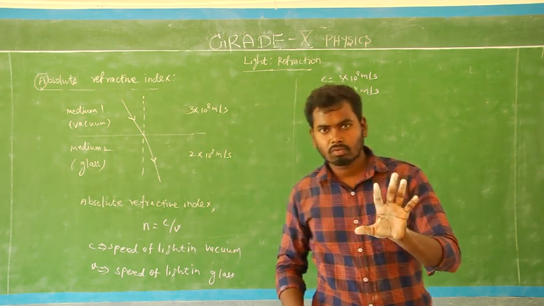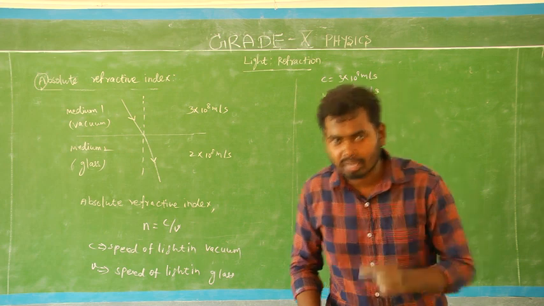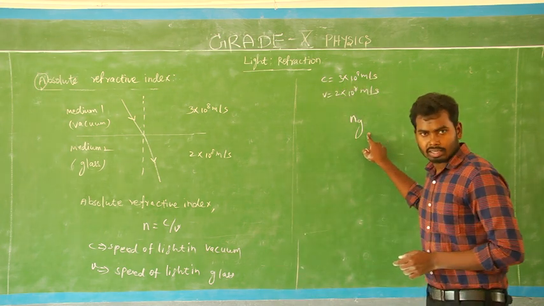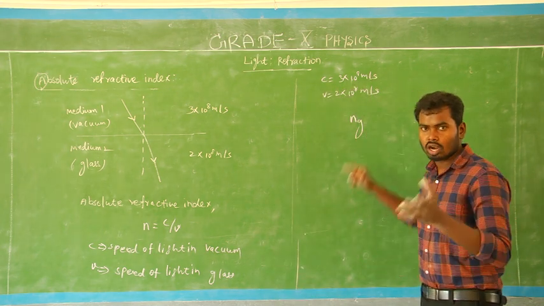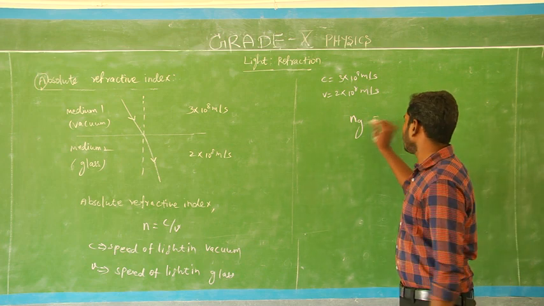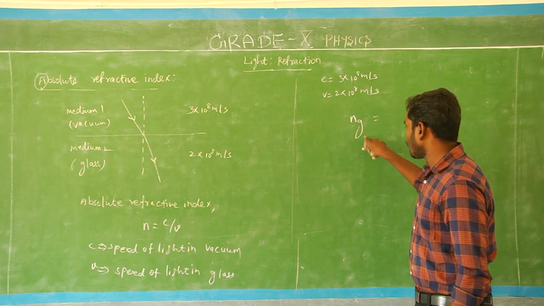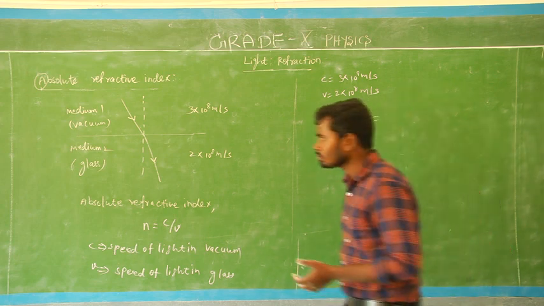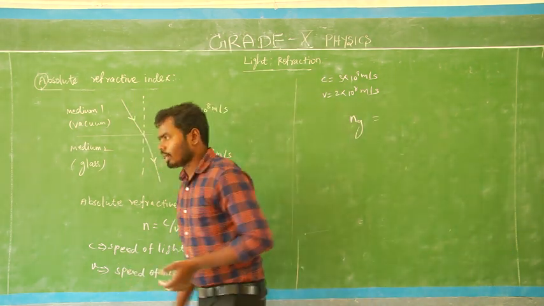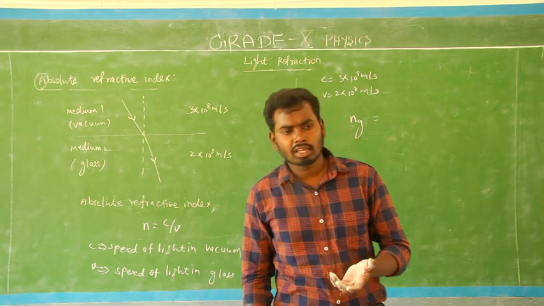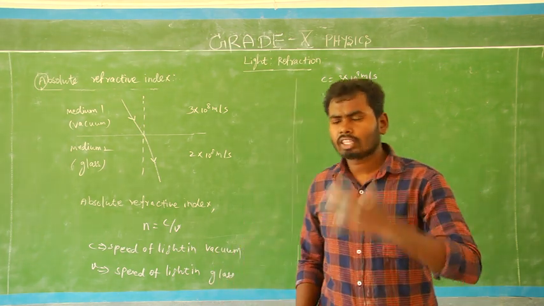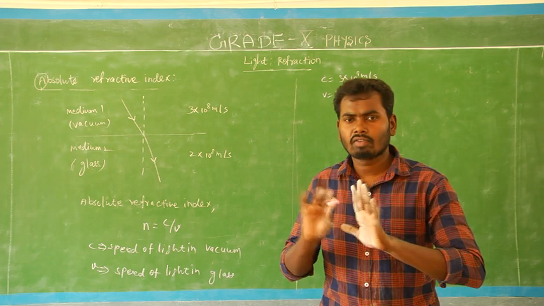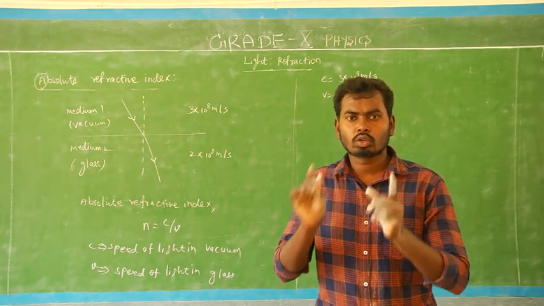So we should write only the refractive index of glass, without mentioning with respect to.